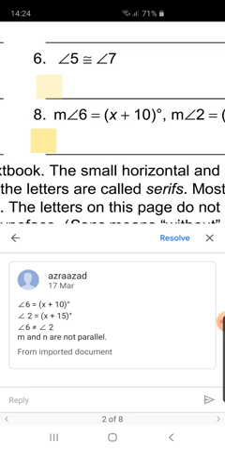So according to the theorem, they should be equal. Now if you look at angle 6, it's x plus 10. If you look at angle 2, it's x plus 15. Plus, they did not give us any value for x. So in such cases, what you have to do is just see if x plus 10 and x plus 15 are they equal? I mean, that's logic. X plus 10, how can it be equal to x plus 15? Either both should be x plus 10 or both should be x plus 15.